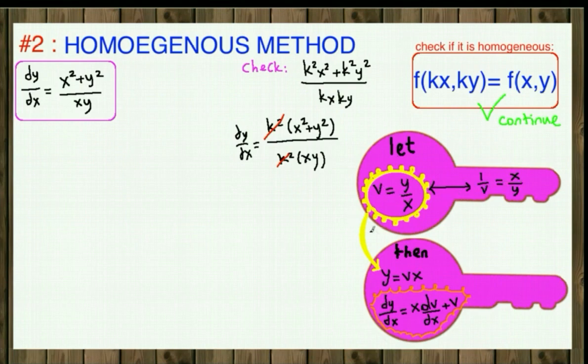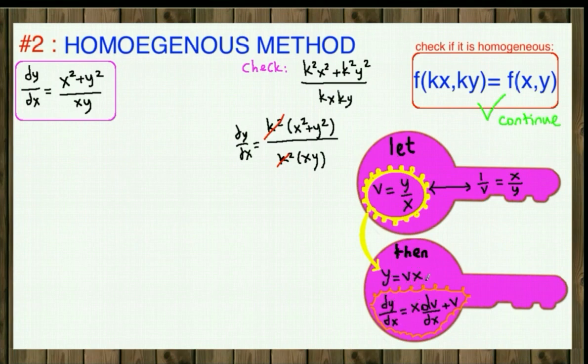And equivalently, if you solve for y here, y equals v times x. And if you differentiate y, you're going to get dy dx.